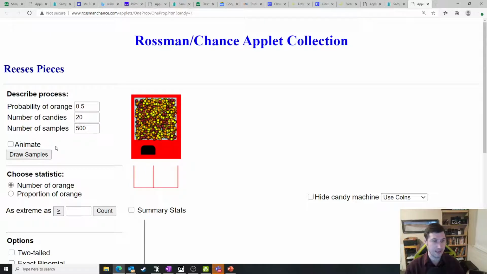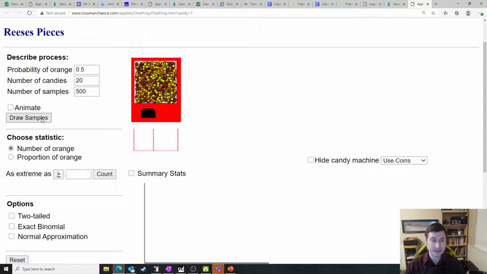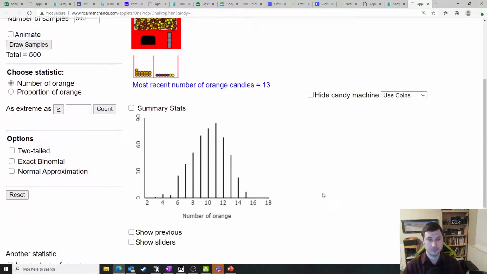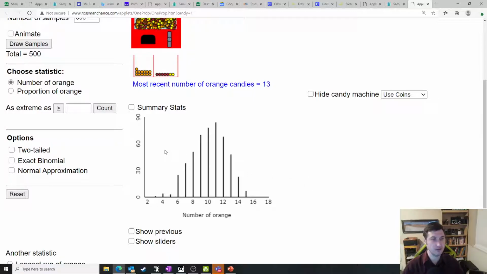I do not want to animate that. That would take forever. Okay, so this is going to give me an approximate sampling distribution of what samples could look like if, in fact, the true proportion was 50%. So here is my, let's go proportion.